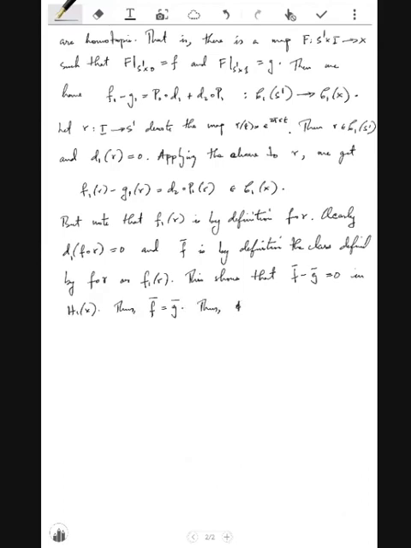Thus phi of f is equal to phi of g. So this defines phi from pi 1 (X, x0) to H1(X).